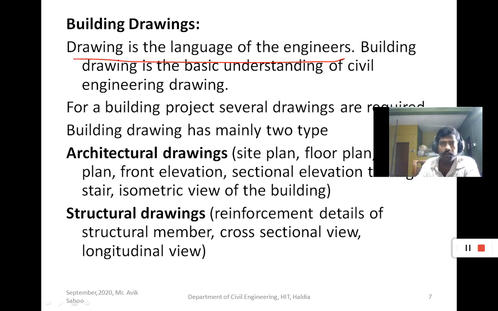If you understand the building drawing, then you can understand civil engineering drawings easily. So building drawing is the basic understanding of civil engineering drawing.